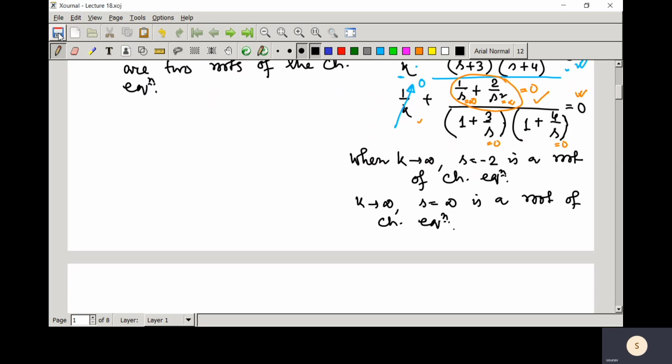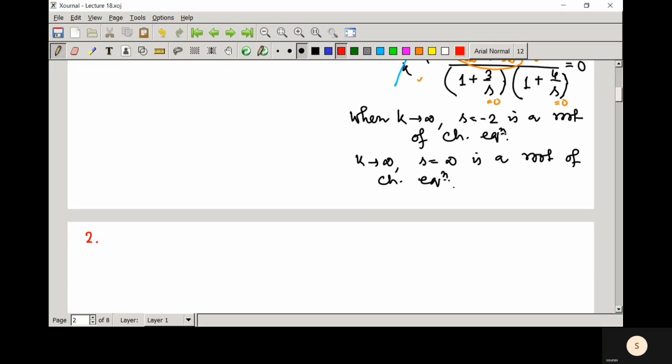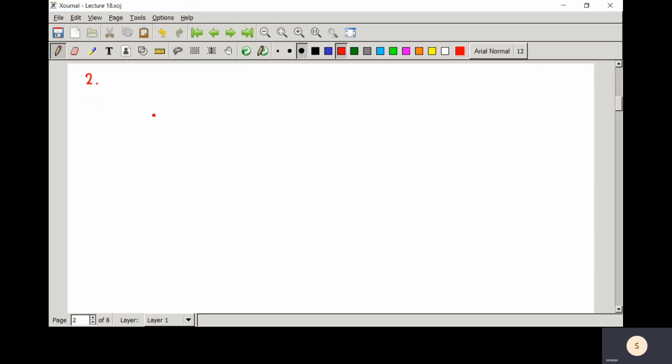Now the second rule is symmetry. This is very easy to understand. The reason is, from what we have discussed so far, the closed loop characteristic equation is a polynomial with all real coefficients.